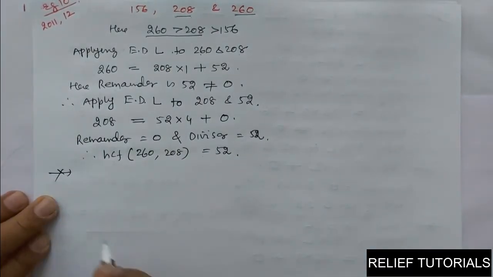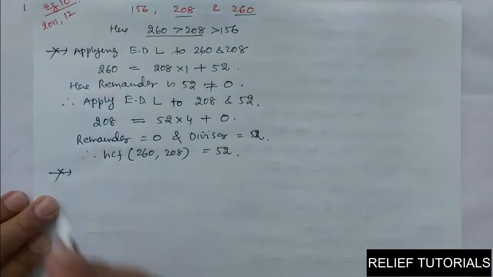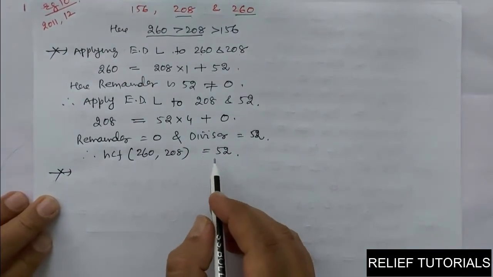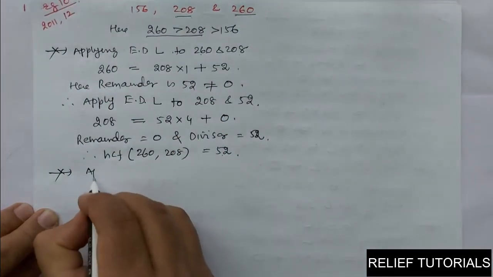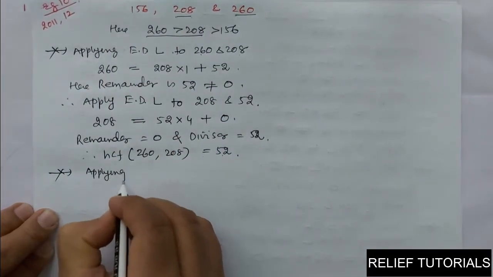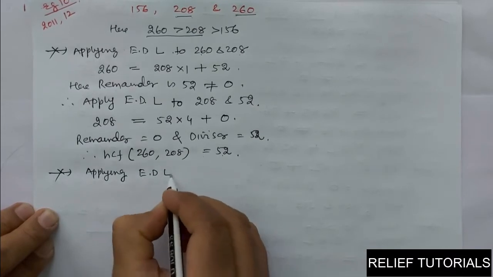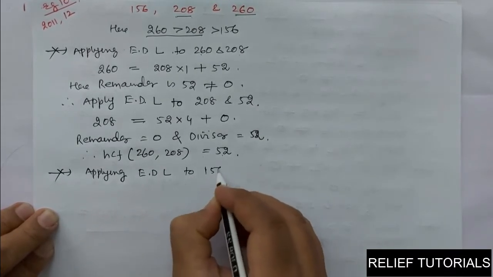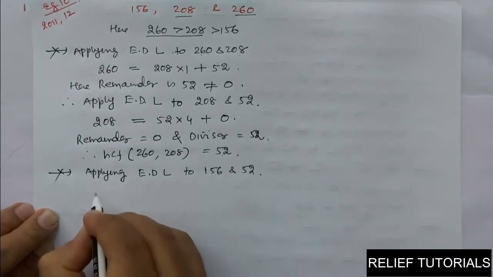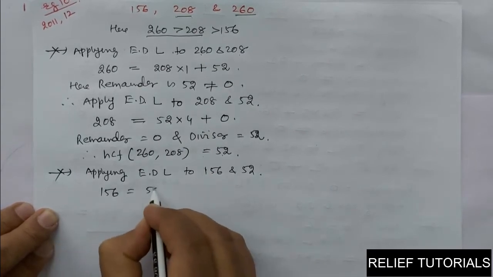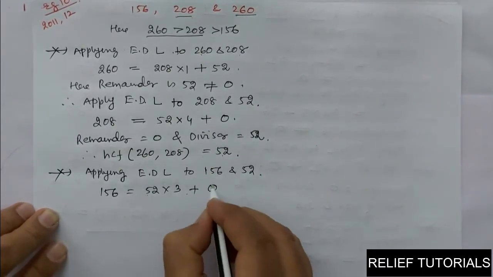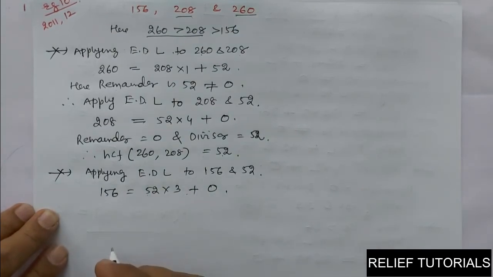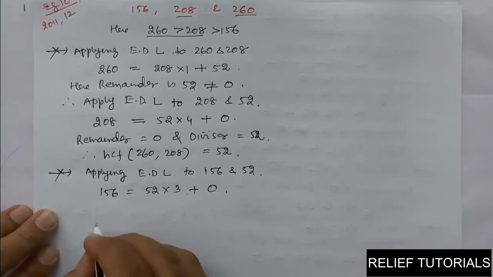Now again you will apply Euclid division lemma to 156 and 52. So 156 is equals to 52 3s are. So 52 3s are is 156 plus remainder is 0. Clear?